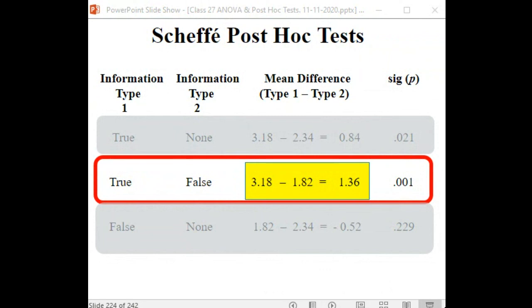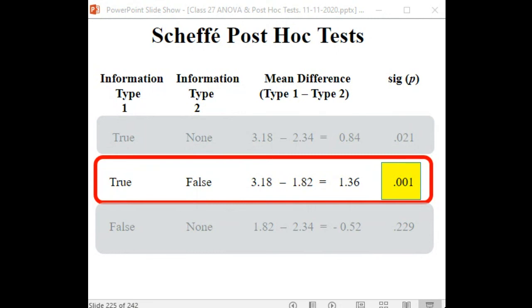So here's a question. If the difference between the two means is 1.36, is this difference large enough to be statistically significant? Again, the answer is yes. The probability value, P, is 0.001, which is less than 0.05.